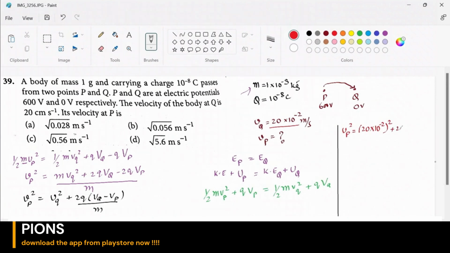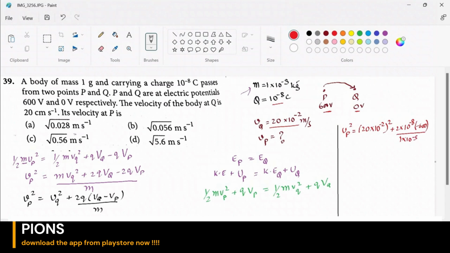So 2 times charge. What's the charge? 10 to the power minus 8. VQ minus VP. What's VQ minus VP? 0 volt, and this is 600. So let's take it minus 600. Why minus 600? 0 minus 600, whole divided by m. What's the mass? 1 into 10 to the power minus 3. I hope this is clear. Anyone who has not understood this red line, speak up.